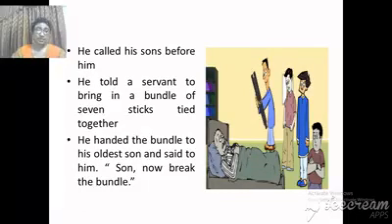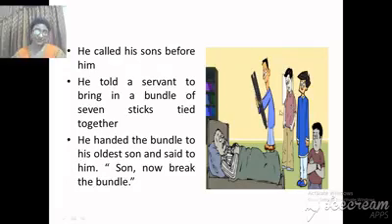He called his sons before him. He told a servant to bring in a bundle of 7 sticks tied together.